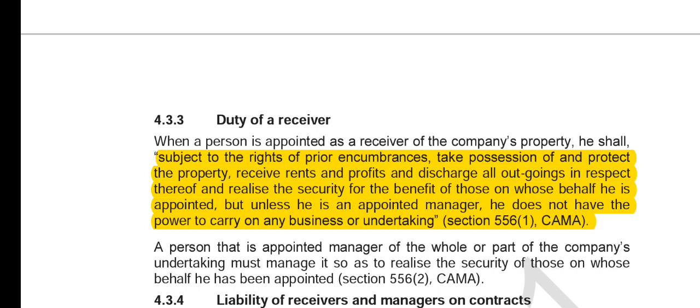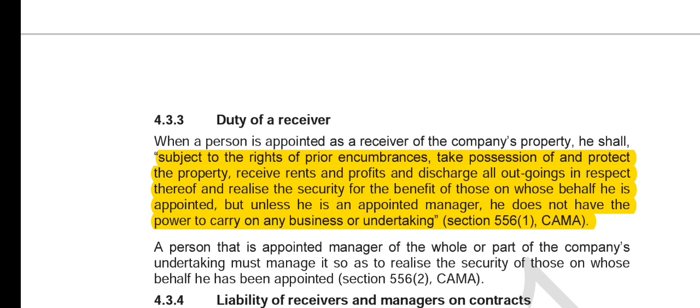So in a nutshell, to explain this, when a company has different properties, let me just use this example. When he has liquidated those properties and he wants to pay the creditors, you should know that some properties have priority over others.